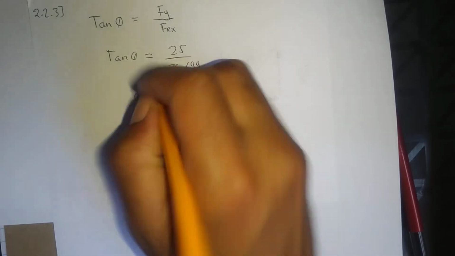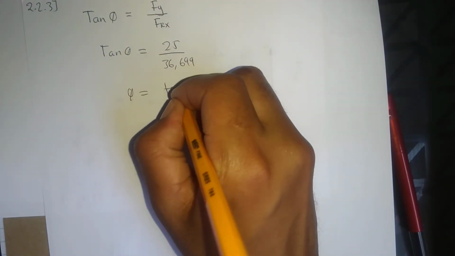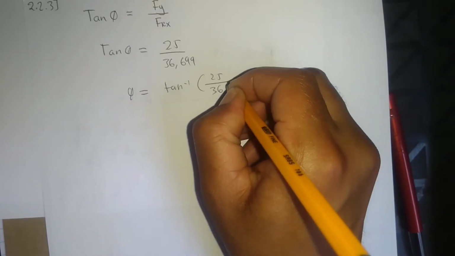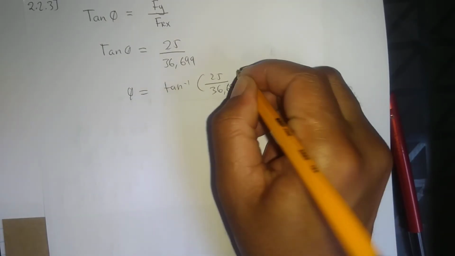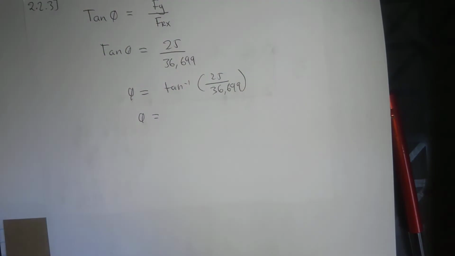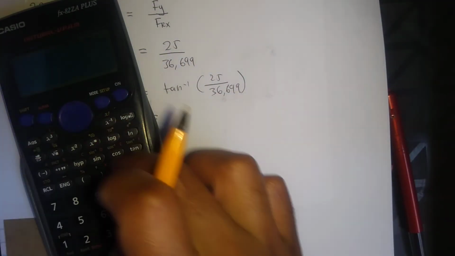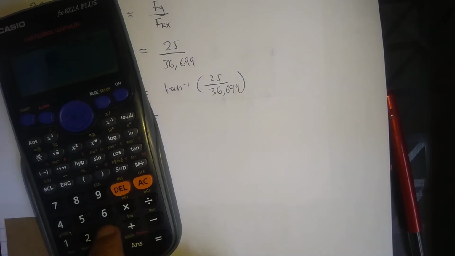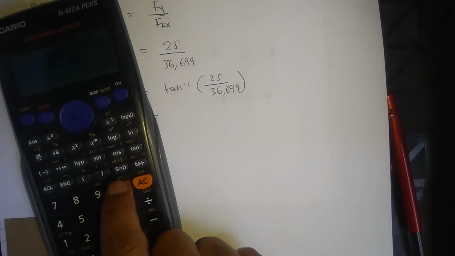So therefore theta, second function tan 25 divided by 36,699. Theta is equal to shift tan 25 divided by 36,699.